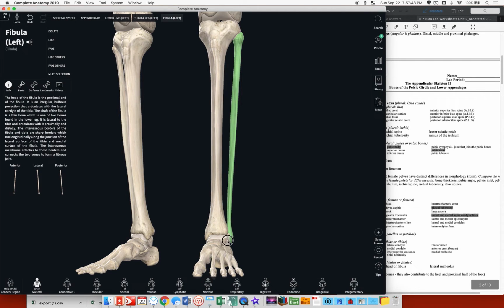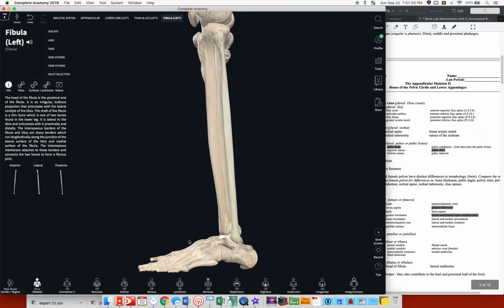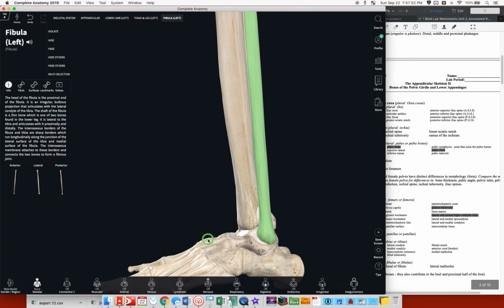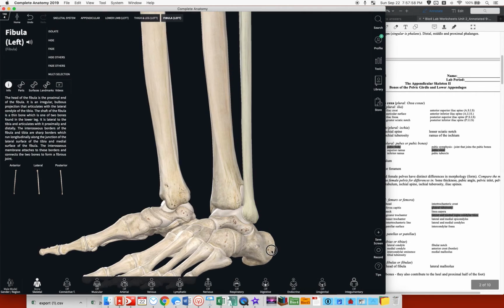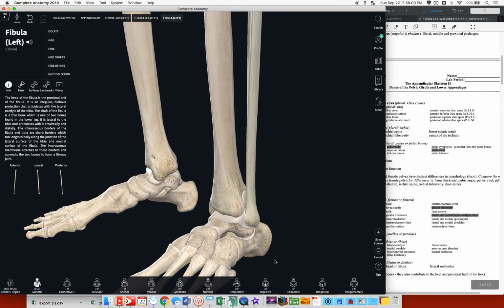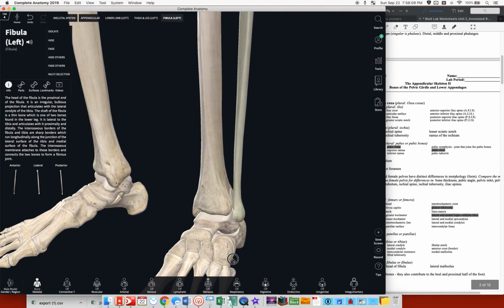Moving on to the tarsal bones. The talus, calcaneus. This big one here is the cuboid. Not lateral cuboid; there is no such thing as lateral cuboid. There is a lateral cuneiform.